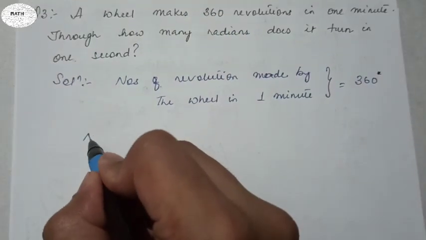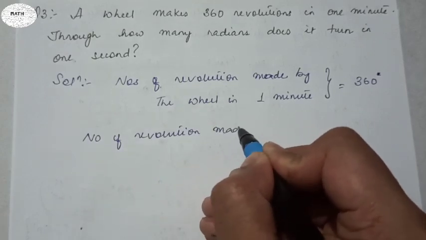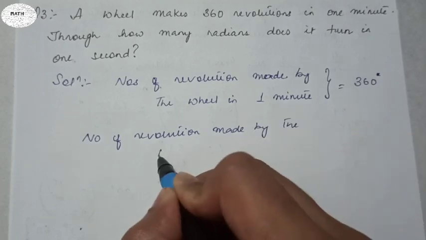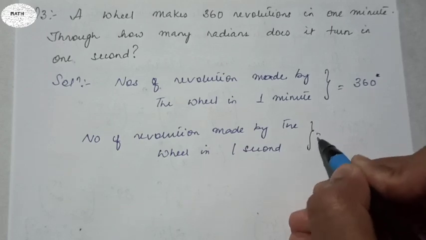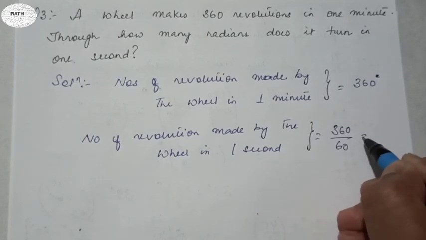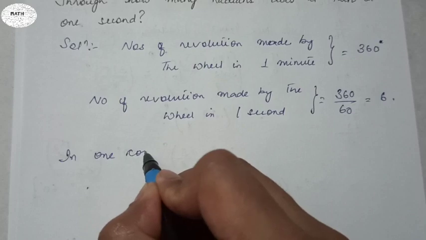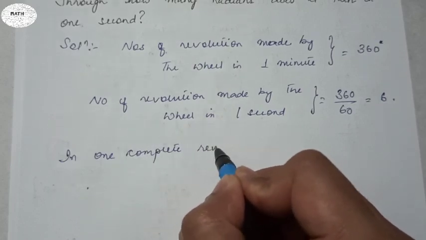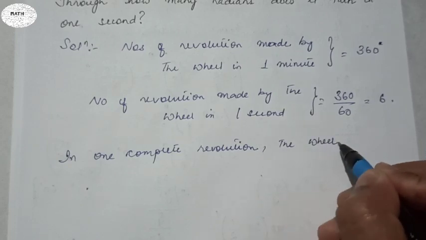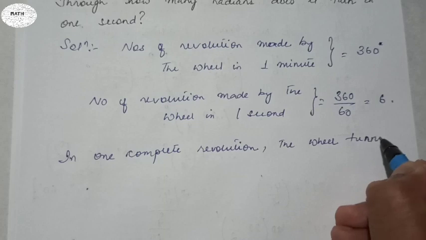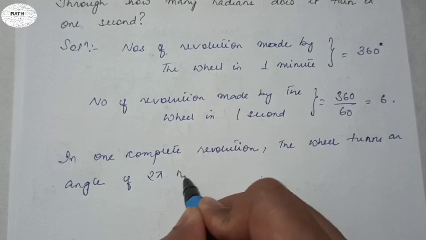In a similar way, the number of revolutions made by the wheel in 1 second will be 360 divided by 60. It happens to be 6. So I can say that in one complete revolution, the wheel turns an angle of 2 pi radian.